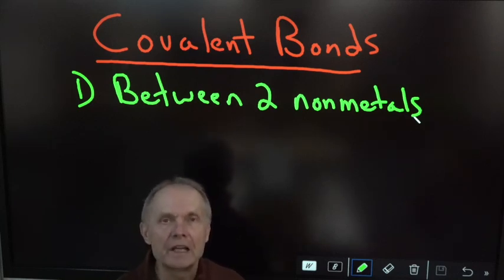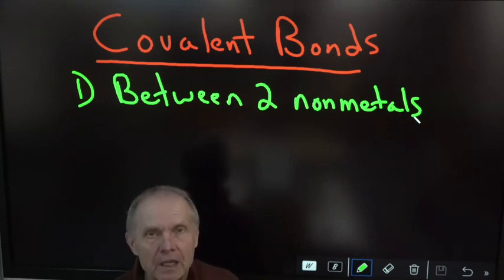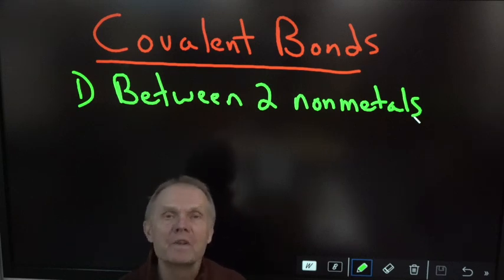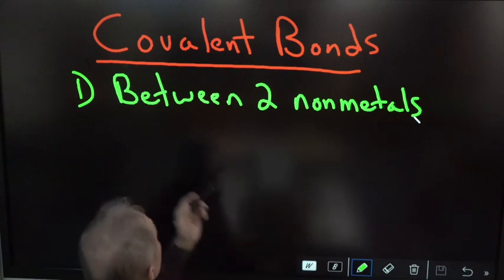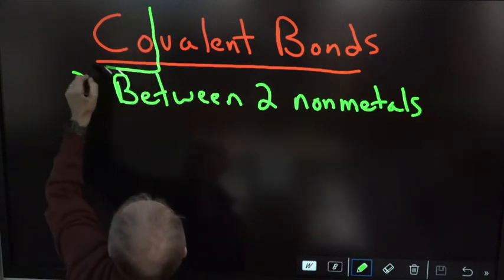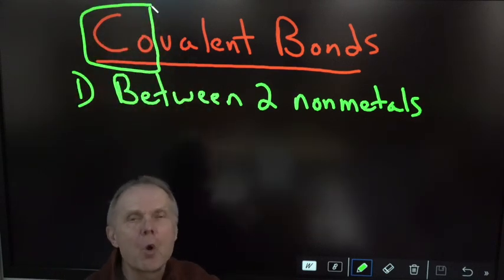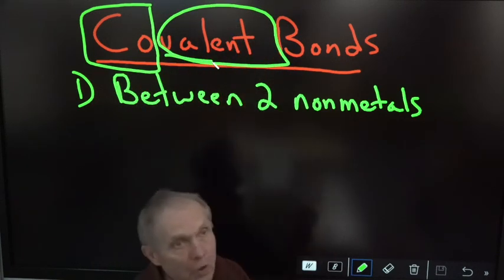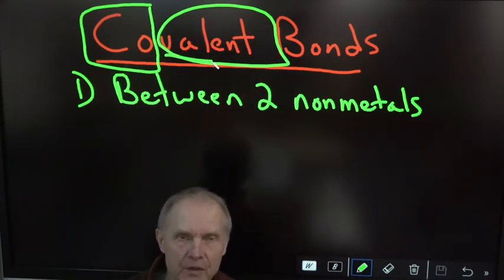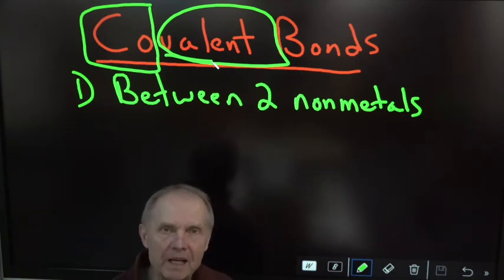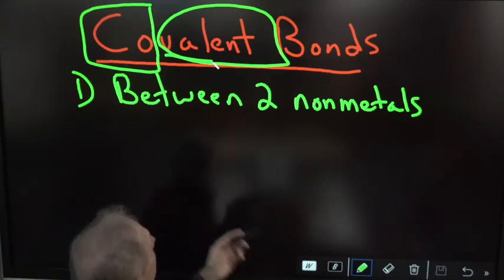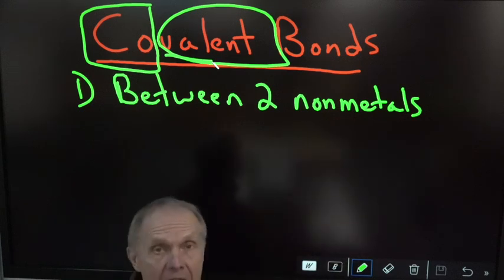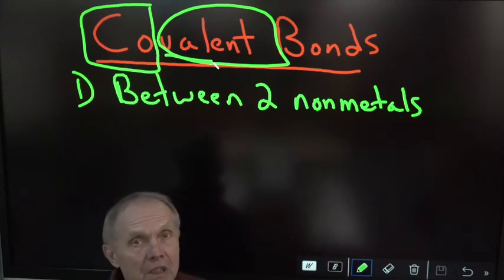So sharing is cooperating. Cooperating with valence electrons. So this word, co, is for cooperate, and valent is with valence electrons. So covalent bonding, cooperating with valence electrons, it's always between nonmetal atoms.